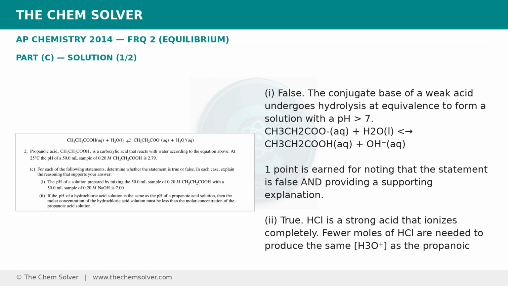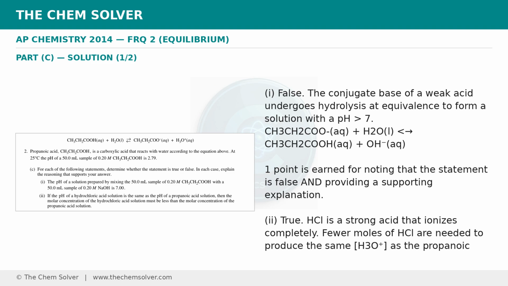1. False. The conjugate base of a weak acid undergoes hydrolysis at equivalence to form a solution with a pH greater than 7. CH₃CH₂COO⁻ plus H₂O gives CH₃CH₂COOH plus OH⁻. 1 point is earned for noting that the statement is false and providing a supporting explanation. 2.